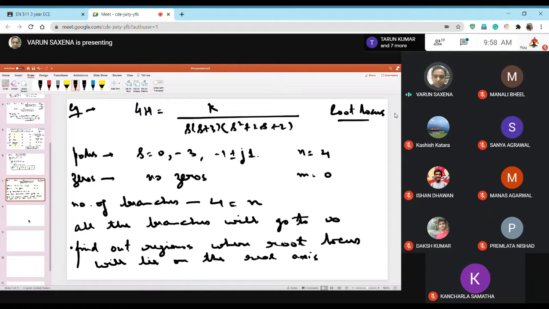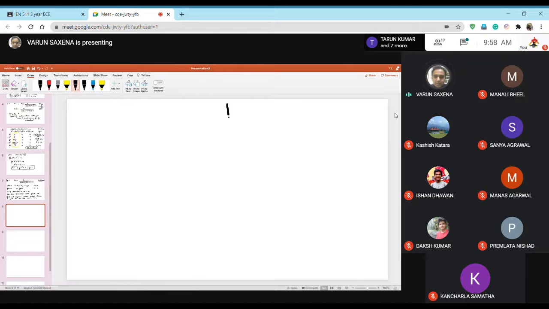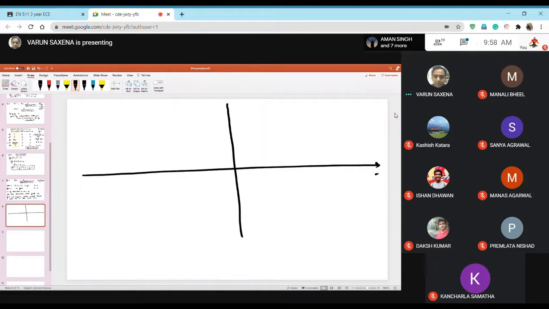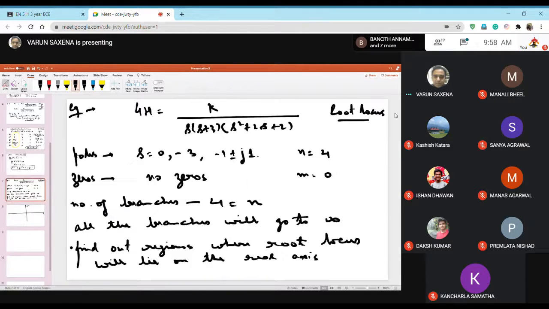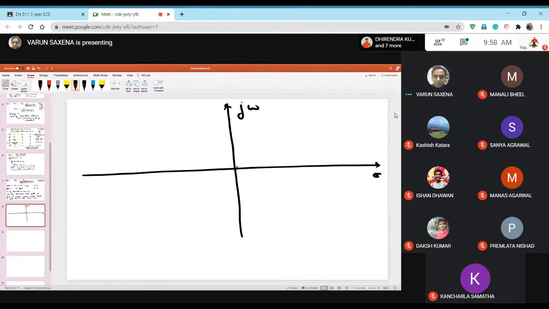So we try to create a plot, sigma and j omega. One pole is at 0, one is at minus 3, and then you have one located here and one located here.